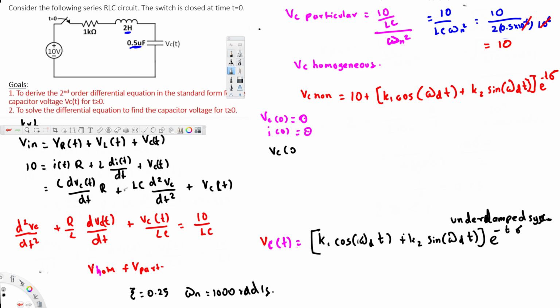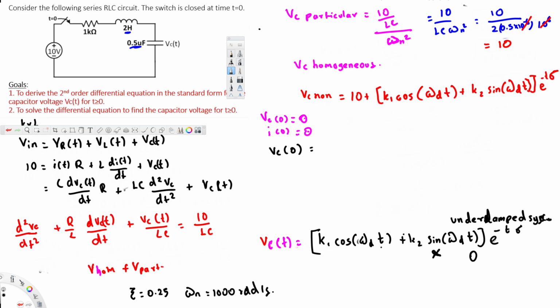Vc of 0: we have k1 cos omega d times 0, and also sine 0, which is 0, so this whole thing is 0 and we can eliminate it.